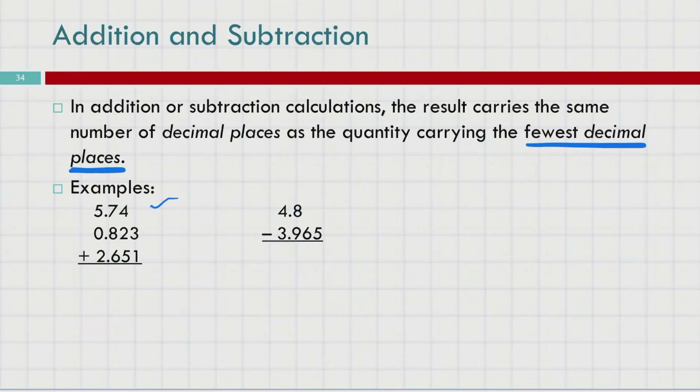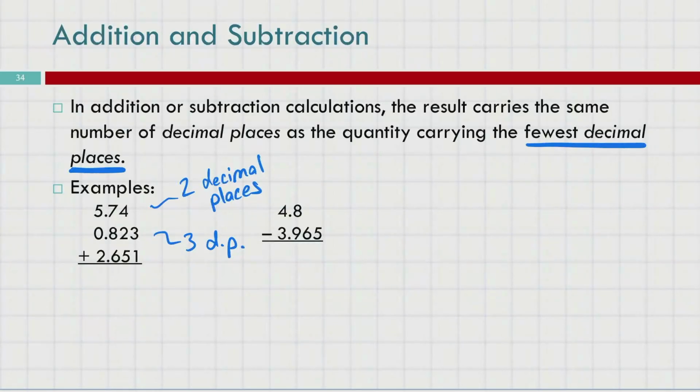So 5.74 has how many places after the decimal? 2 numbers, 2 places. .823 has how many? 3. So 3 decimal places.